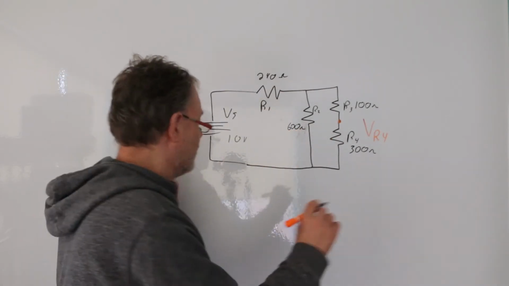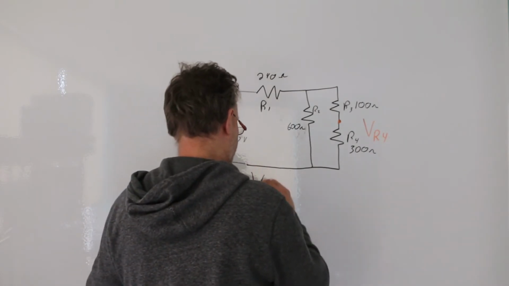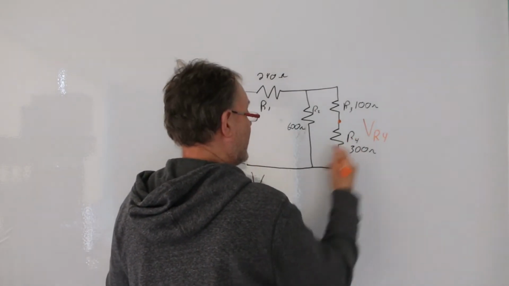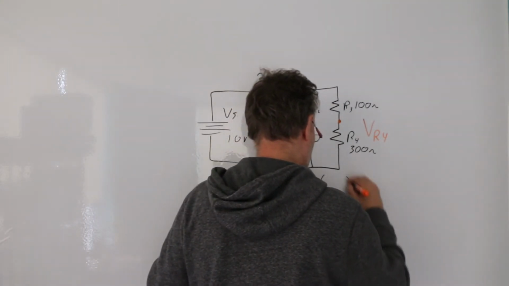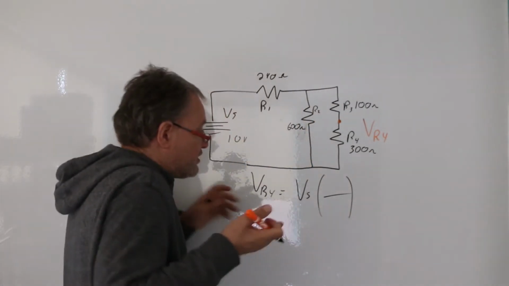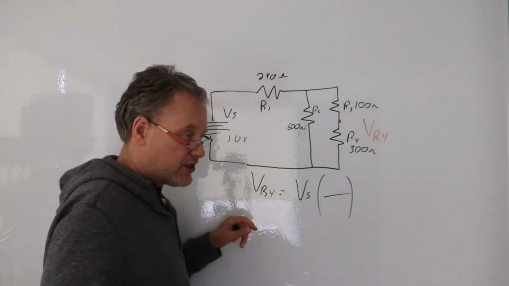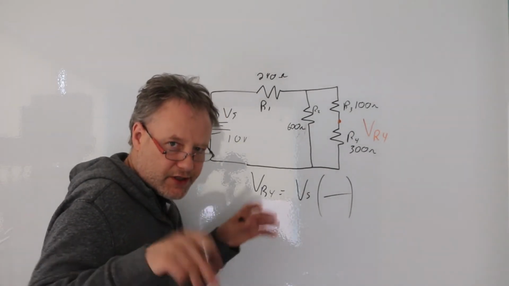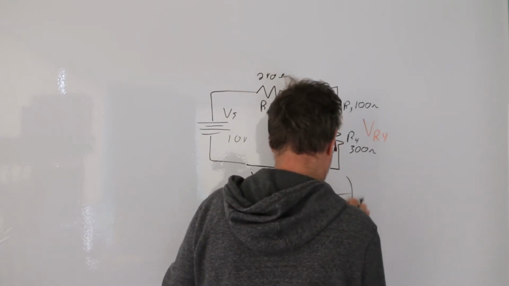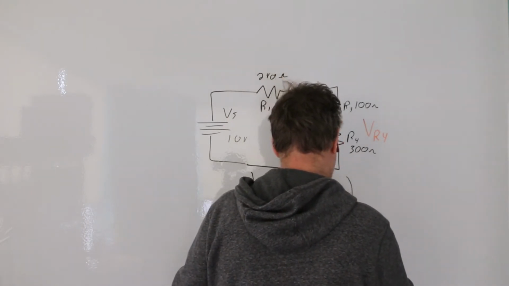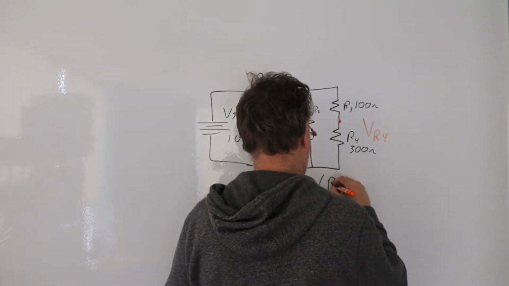Okay, take a look. We know the voltage divider formula looks like this. VR, in this case 4, is going to be equal to VS, bear with me, VS times some kind of ratio of the resistances, and in this case we know the total resistance is on the bottom. So RT, and in this case R4.